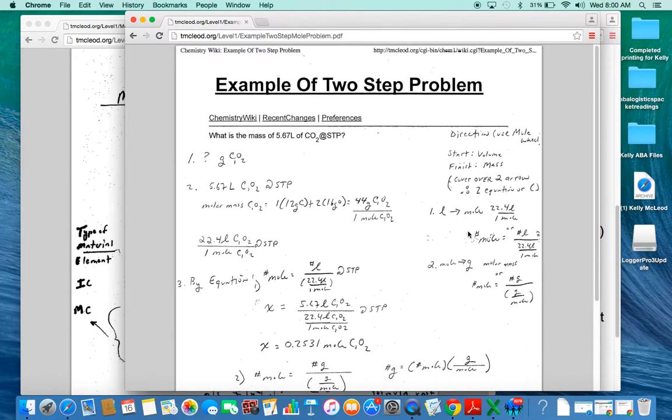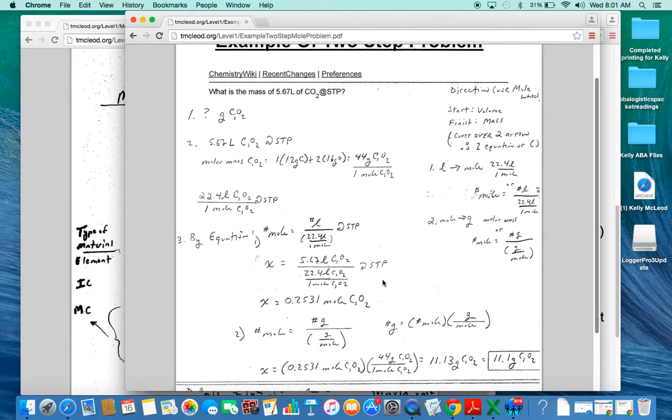You don't have to do this. This is for the people who really can't do the calculations and decide what equation comes next. If your mathematics is not that great, you may want to write this roadmap before you actually do the math. If you're using the roadmap, you want to change the liters into moles.